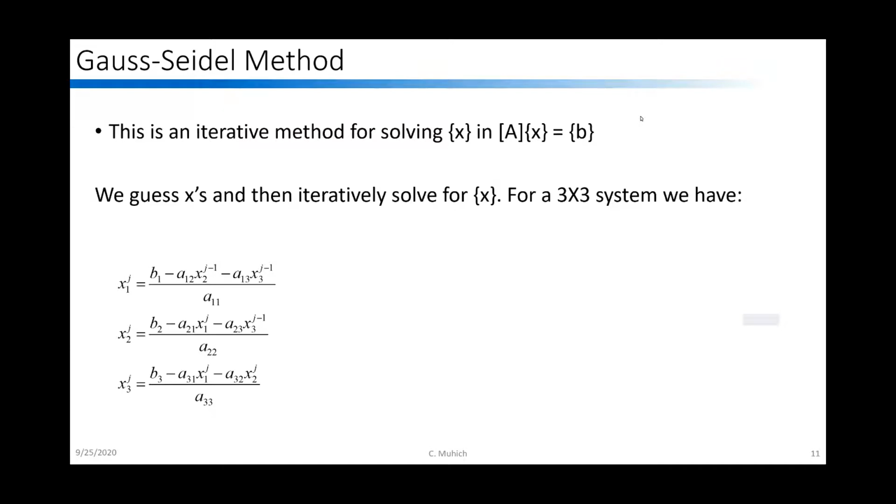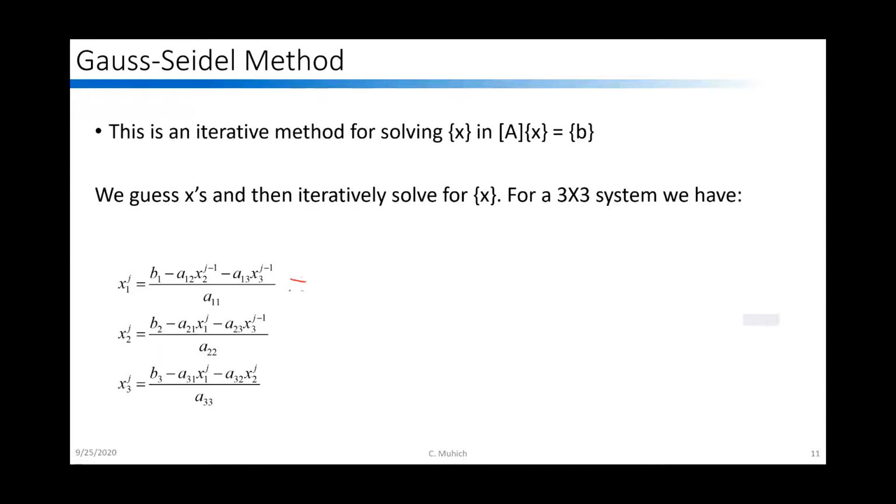The Gauss-Seidel method is another iterative method for solving systems of linear equations. The difference between the Gauss-Seidel and the Jacobi is that we're going to iteratively use the x's as we have them develop. If you remember before, we used 0, 0, 0 when we calculated the entire set of new guesses of x's.